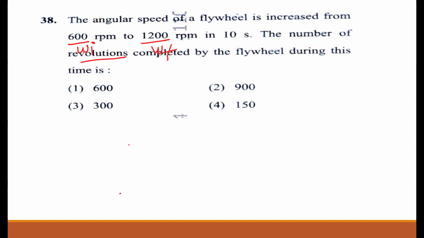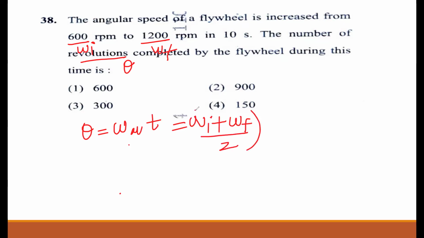First we'll calculate theta. Theta is omega average into time, that is omega I plus omega F by 2 into T. So that implies 1200 plus 600, that is 1800 rpm.